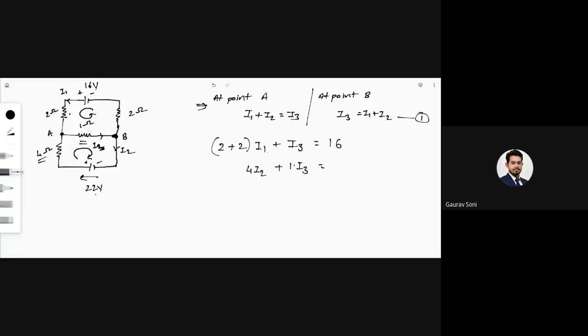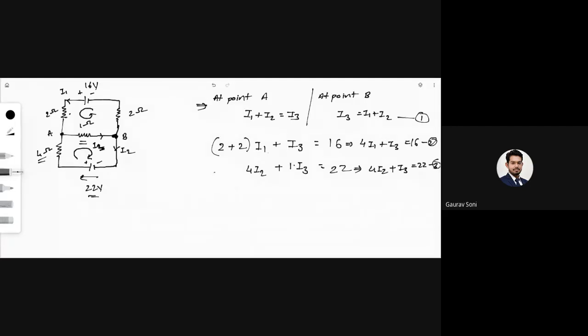The applied is 22. So this equation is simply 4 times I1 plus I3 is equal to 16, equation number 2. And the third one is 4 times I2 plus I3 is equal to 22, equation number 3.